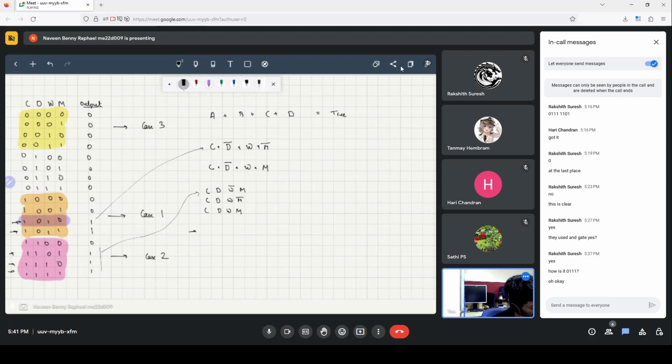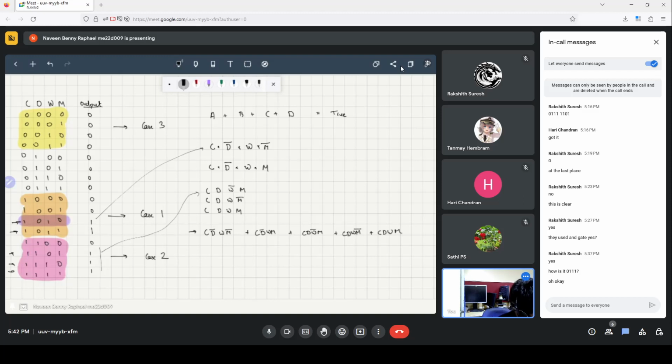So the output is C D negation W M negation plus C D negation W M plus C D W negation M plus C D W M negation plus C D W M. We can simplify this a little more.